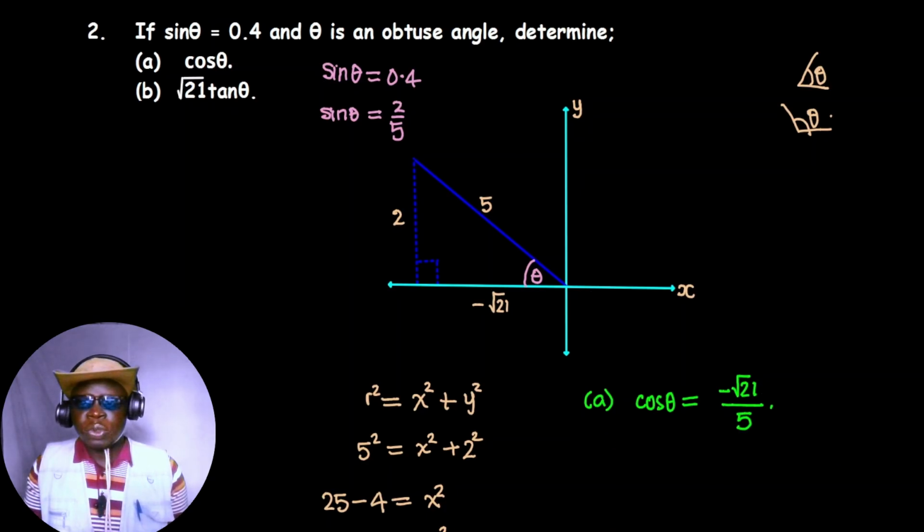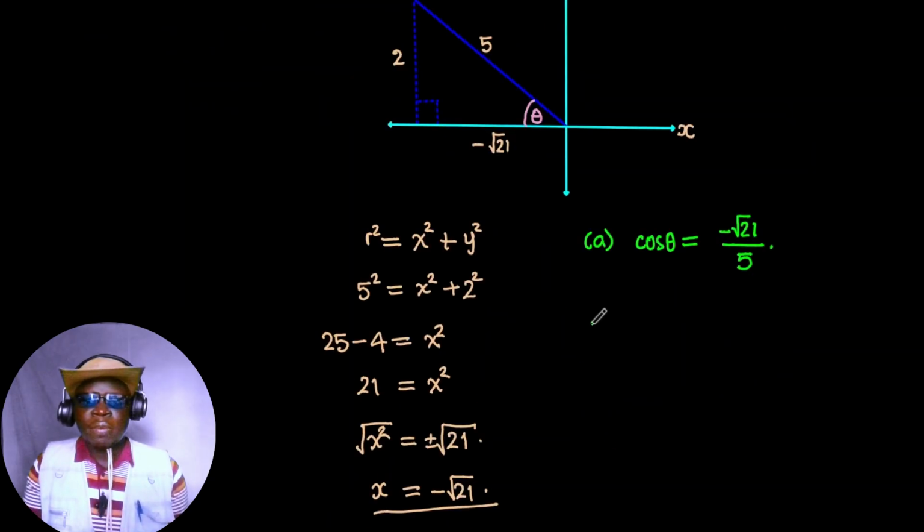So let's move on to part B and have root 21 tan theta. Tan is given by opposite over adjacent, and our opposite is 2 over adjacent, negative root 21.